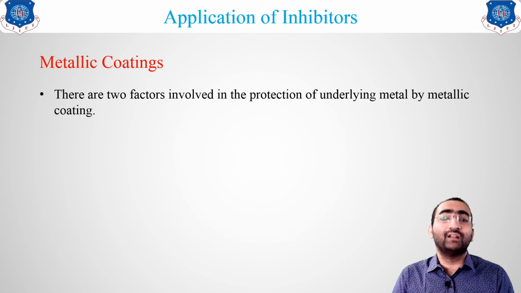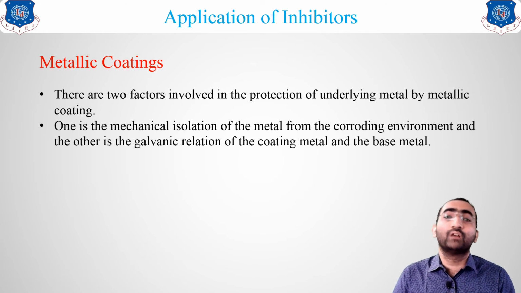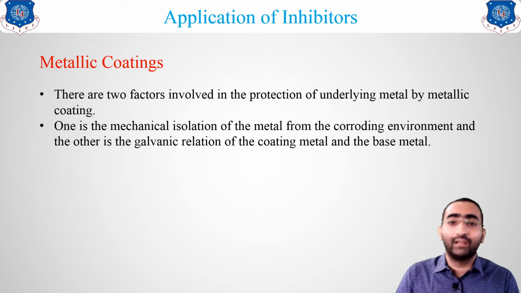There are two factors involved in the protection by metallic coatings. One is the mechanical isolation of the metal from the corroding surroundings, and the other is the galvanic relation of the cathodic coating, which is based on the base metal. First, mechanical isolation of the metal from the surroundings.